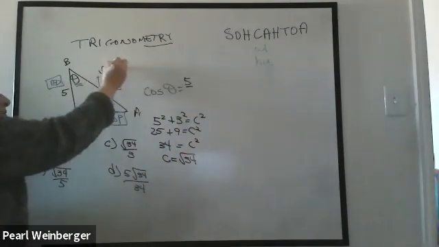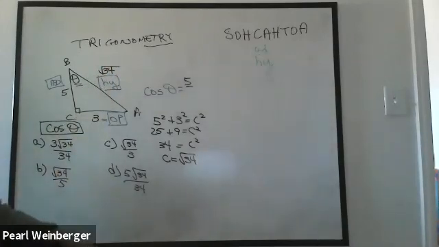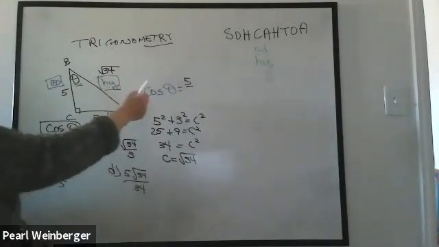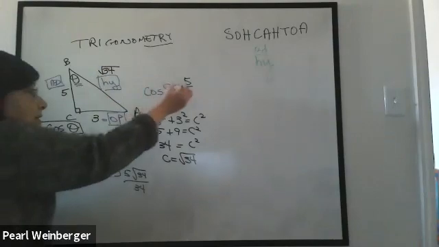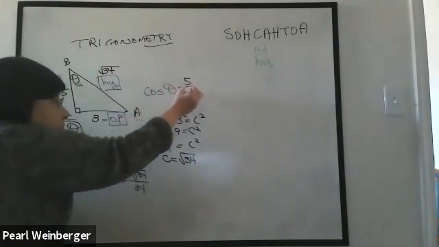This side is the square root of 34. So even though we weren't told what the hypotenuse was, we could figure it out because we have 2 of the sides. So it turns out that the cosine of theta is 5 over the square root of 34.